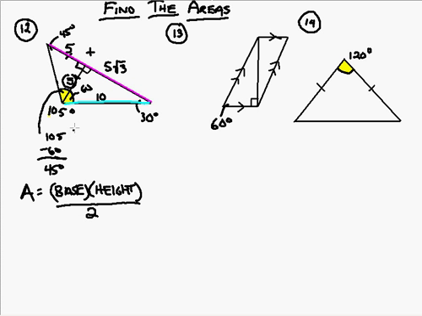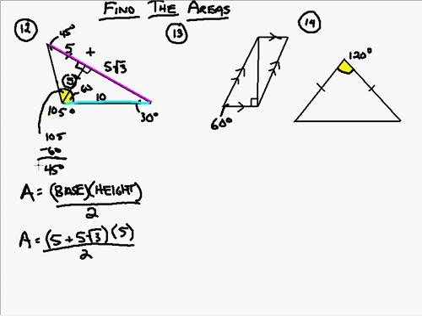We can divide by 2. The base in this case is the pink length. So the area is equal to 5 plus 5 square root of 3, and my height is 5. And then we're going to divide that whole thing by 2.